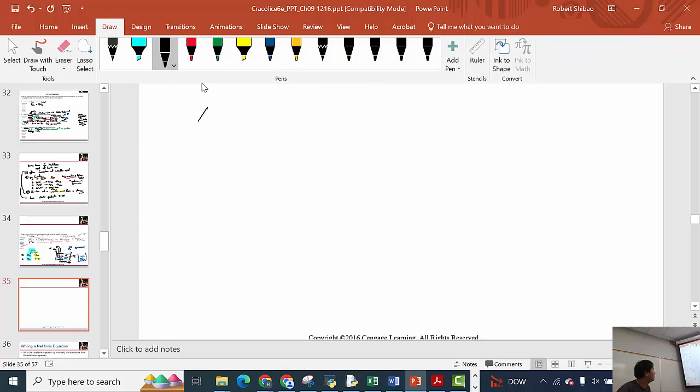And so what we're going to do is we're going to call this aqueous ammonia. It can participate in double replacement reactions.